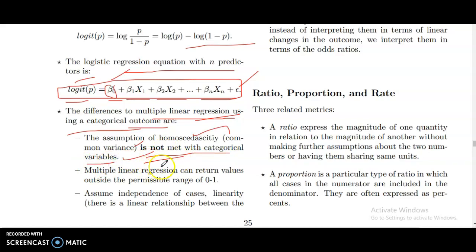Multiple linear regression can also return values outside the permissible range of 0 to 1.